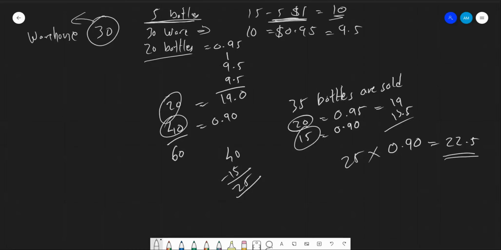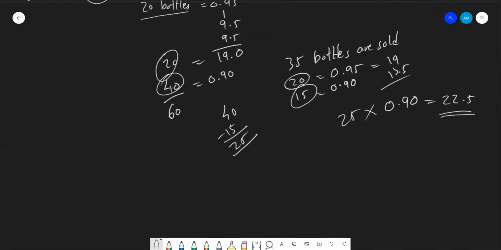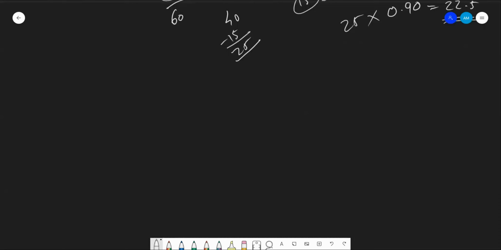So this is how FIFO works. Let's make a summary here. Summary. So first in, first out.